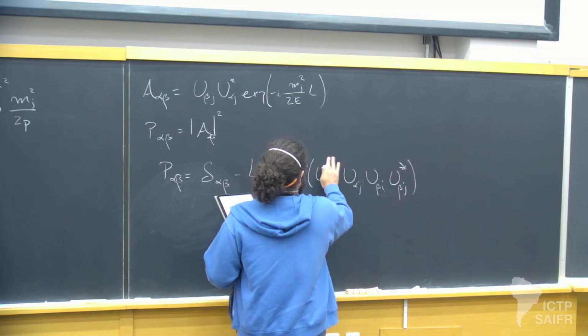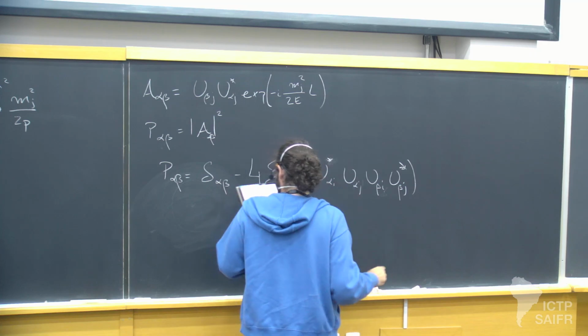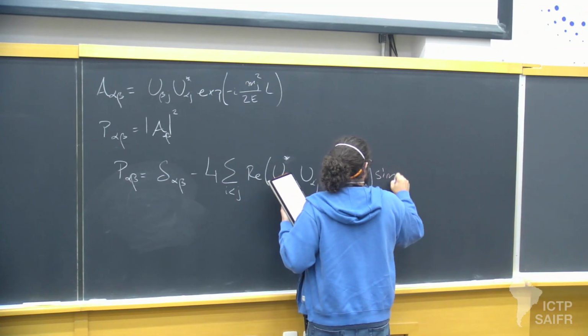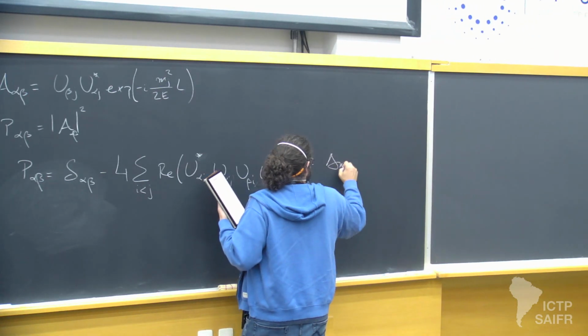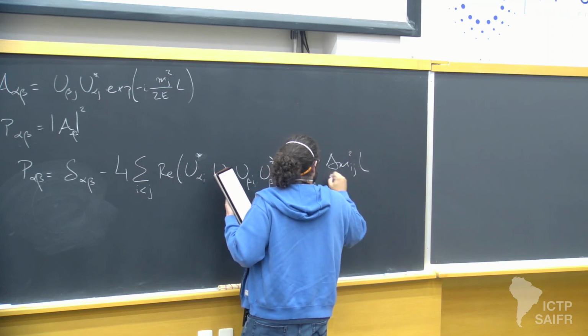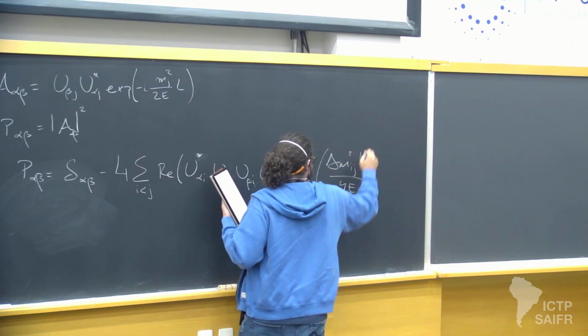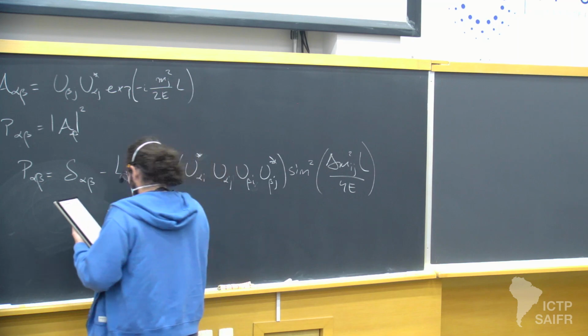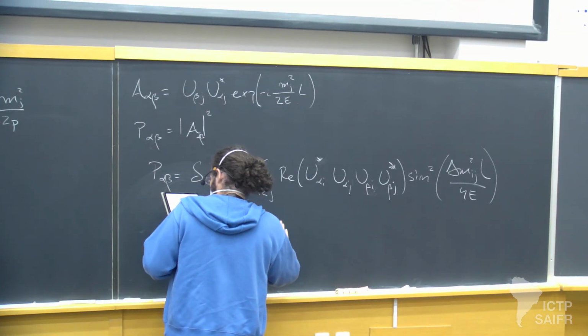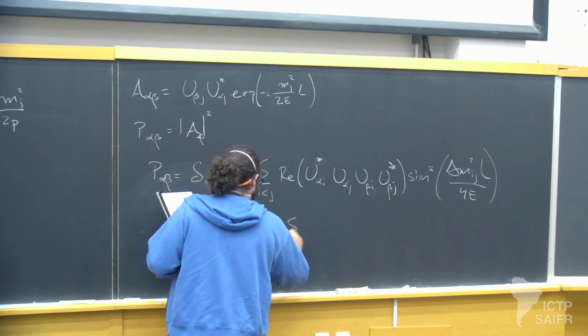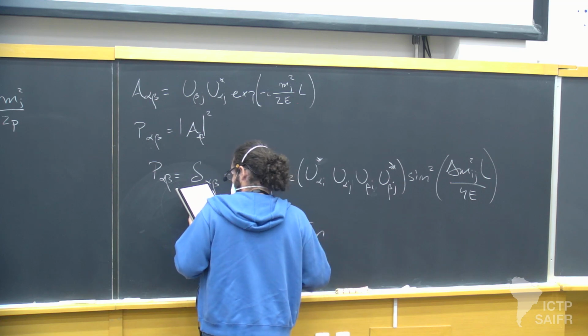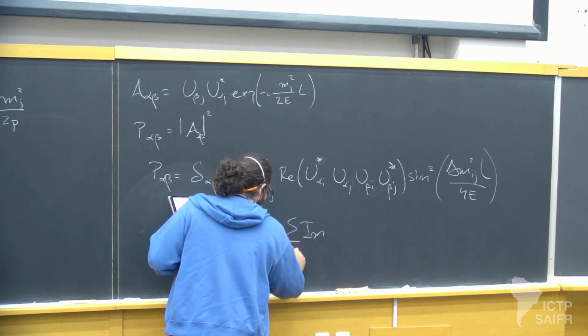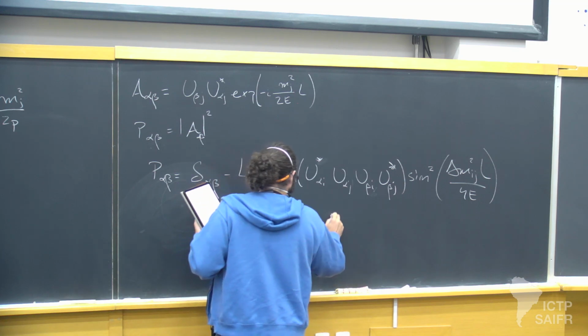I guess this is right, or it's real, it doesn't matter. And then sine squared of delta m squared ij L over 4E, plus 2 times the imaginary part, and I forgot the sum in my lecture notes.